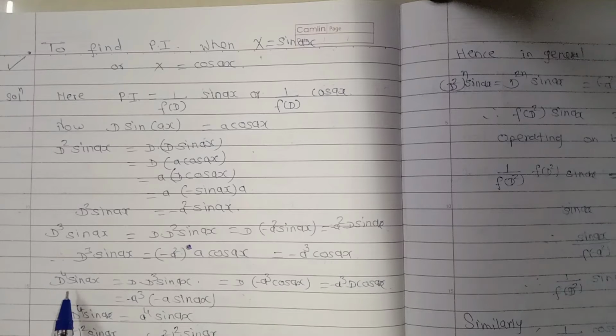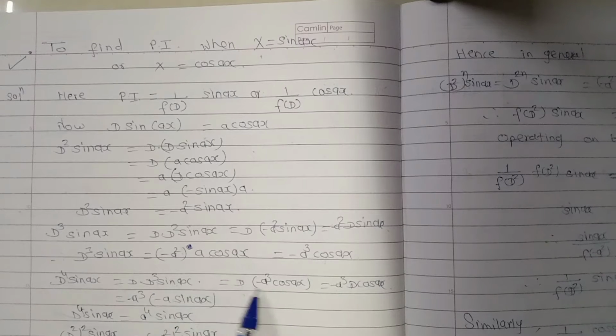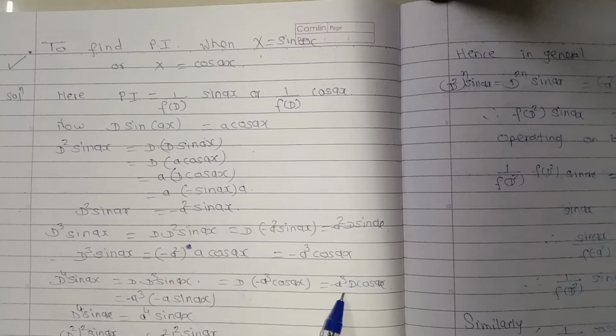Then we find D raised to 4 of sin(ax), equal to D into D cubed of sin(ax), which is D into minus a cubed cos(ax). Minus a cubed is a constant, so minus a cubed into D of cos(ax), and D of cos(ax) is minus a sin(ax).